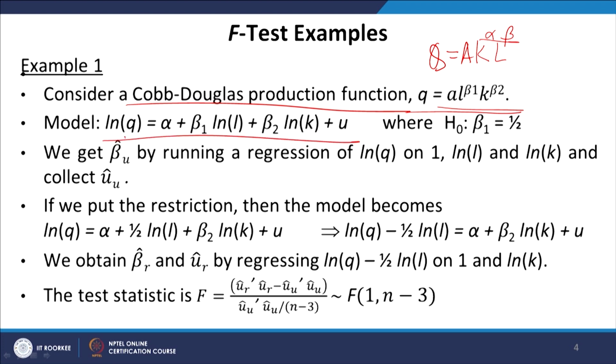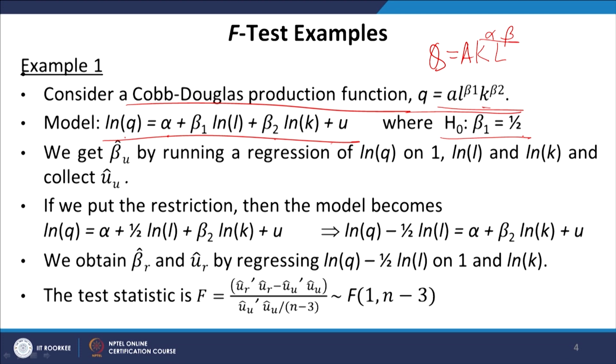So, we have logarithm of q equals alpha plus beta 1 logarithm of L plus beta 2 logarithm of k plus u, and suppose we have a null hypothesis which states that beta 1 is equal to half.